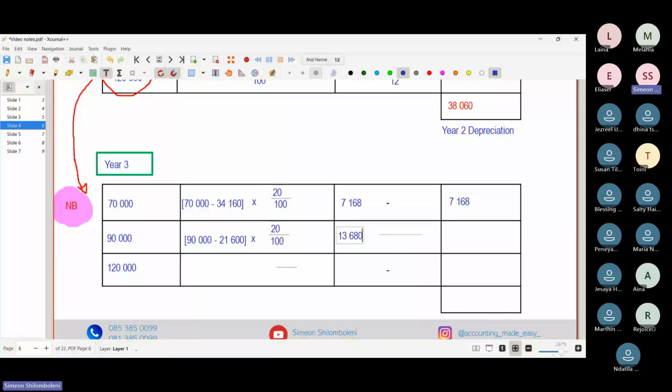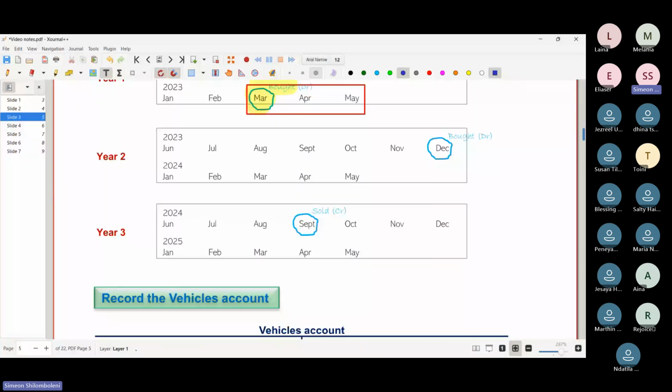Now, since we sold vehicle B, it means it was not in our business for the full year in year 3. Since it was not in the business for the full year, we must find out for how long it was in our business. It was in our business for June, July, August, and September. That means we must only depreciate it for only those 4 months.